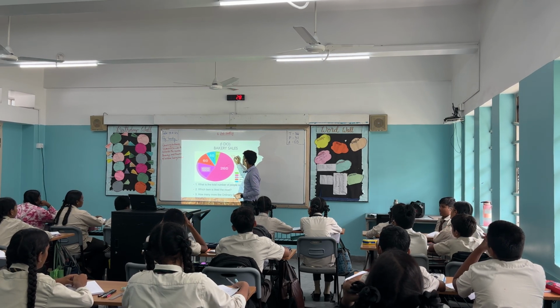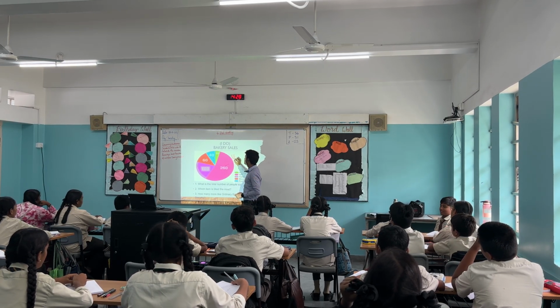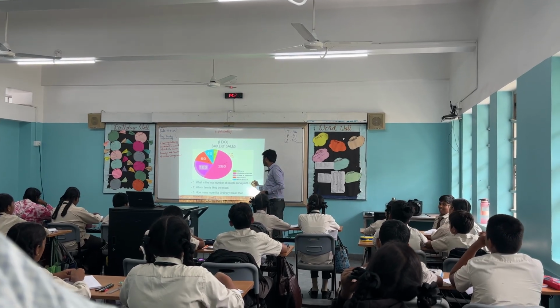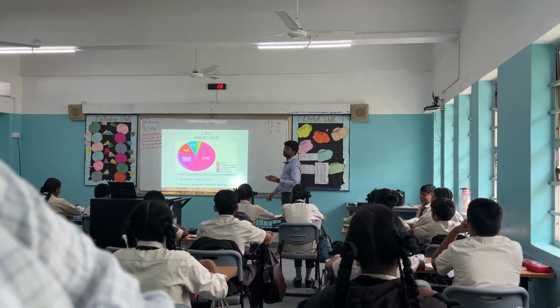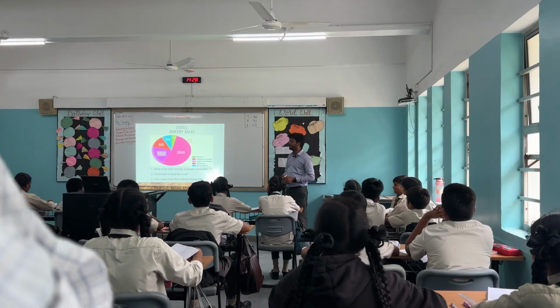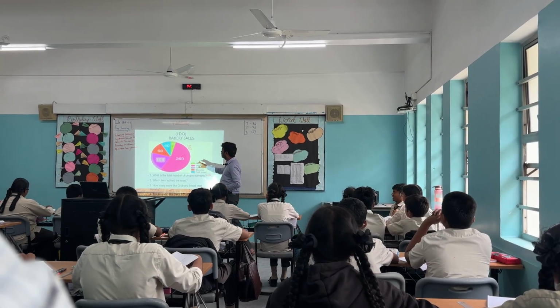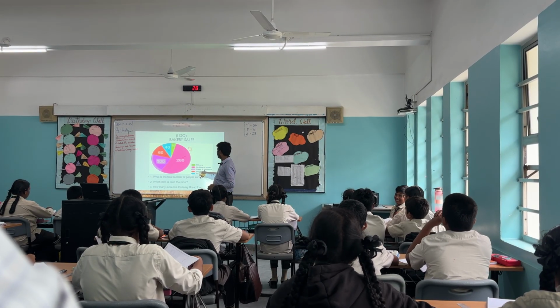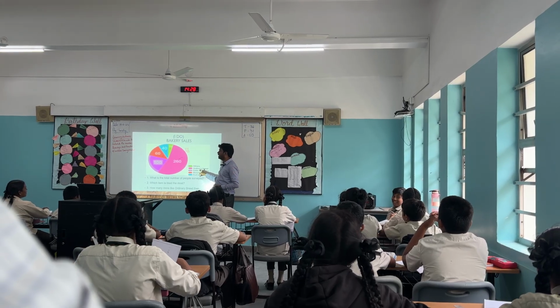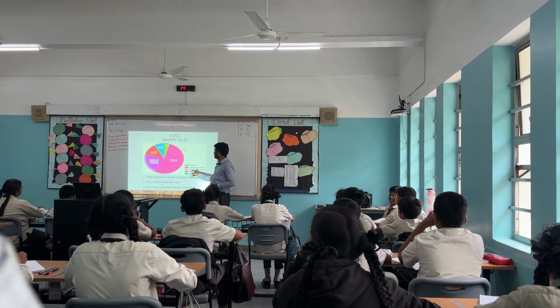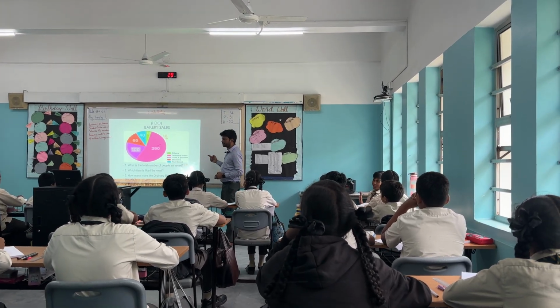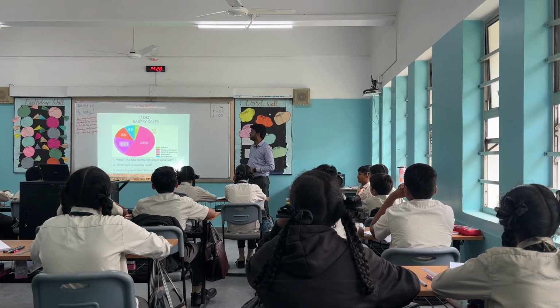How much? 480. So the first answer is: total 480 members were surveyed. Out of that, 260 liked ordinary bread, and 100 people liked cake and pastries.